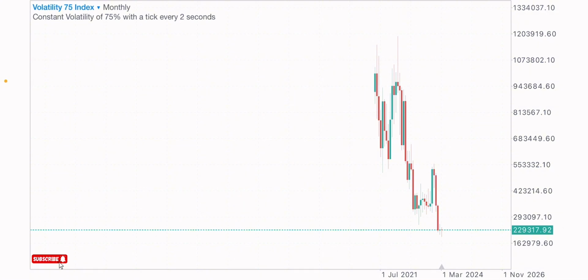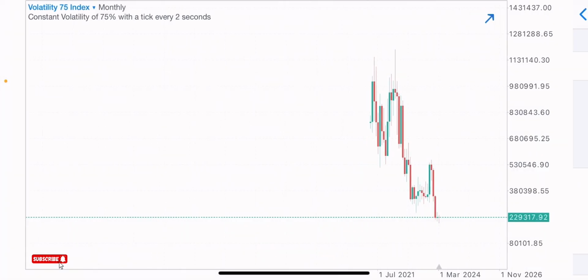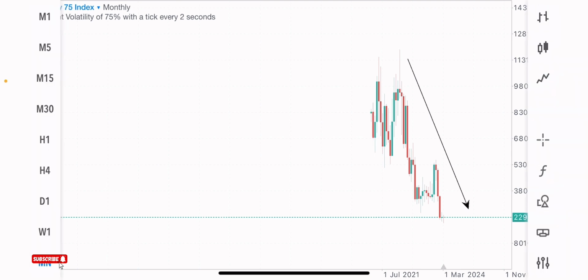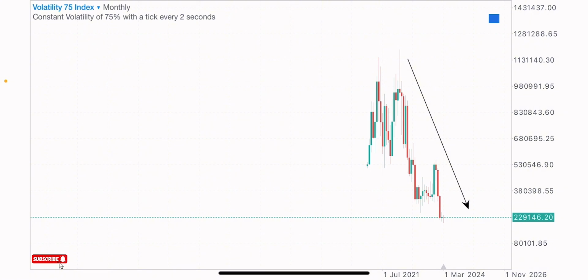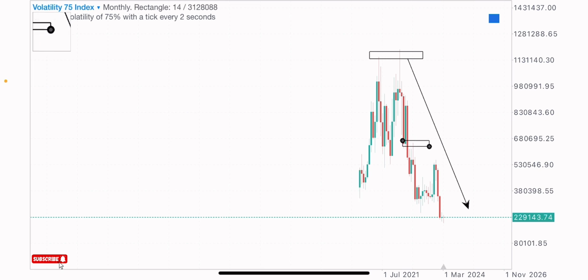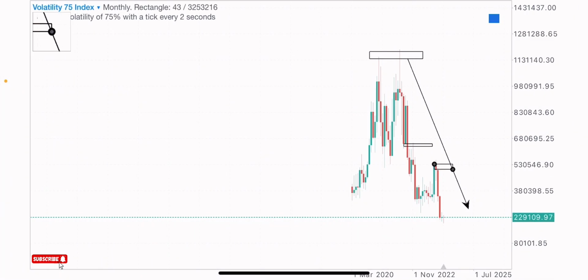So on the monthly time frame on this index, we can see that this index is on a downtrend. It's clearly seen. You can see the market creating lower highs and lower lows. Starting from these equal highs, the market has been creating a series of lower highs and a series of lower lows.